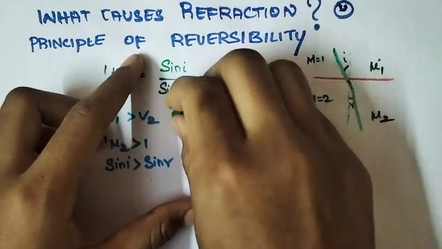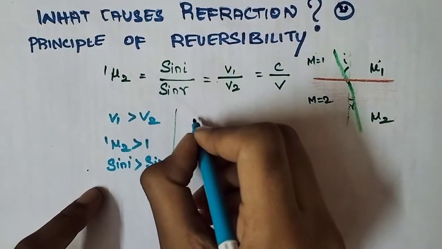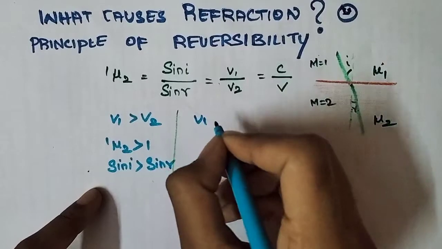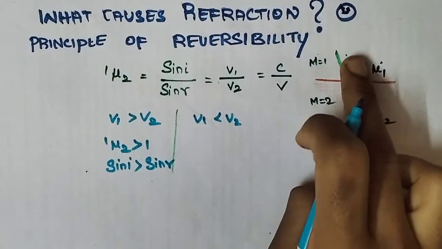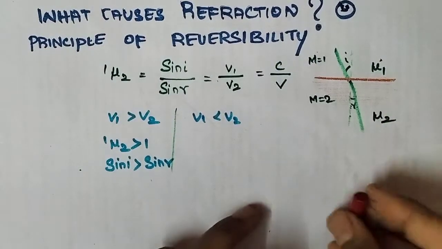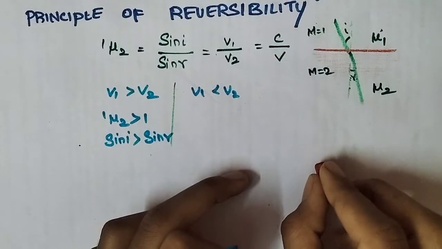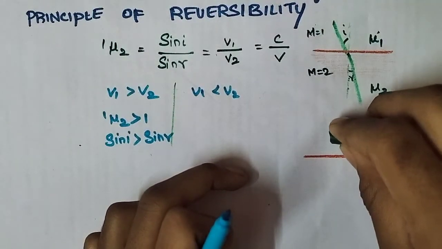The next relation is if V1 is less than V2. Okay, then V1 is less, V2 is greater. Again I will draw another medium. This medium, if you take, this is one medium. The light ray comes.